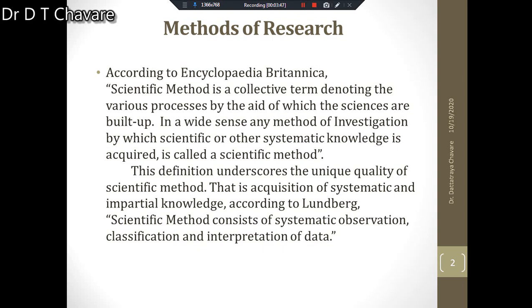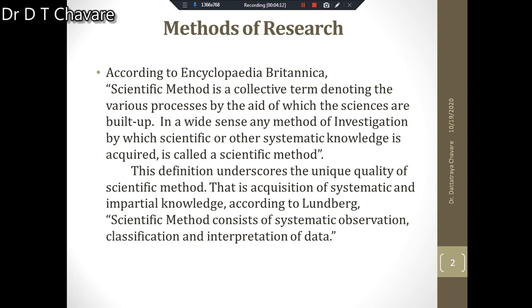How many things are important here in the scientific method? Systematic observation, classification, and interpretation of the data. These three things are very, very important, and all these three steps are followed in methods of research. Okay, and what type of method? Scientific method of research.